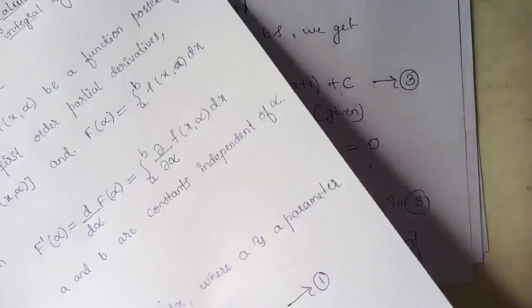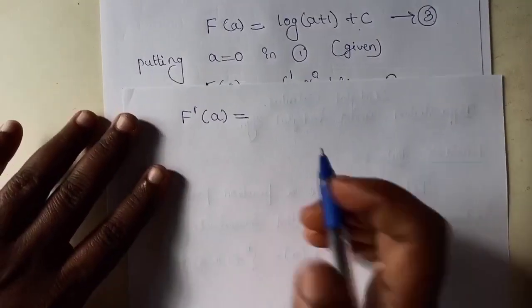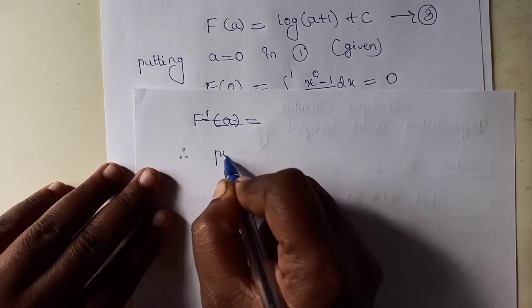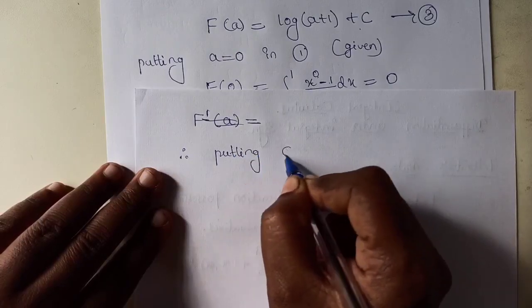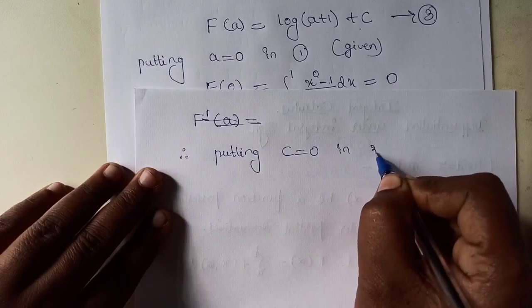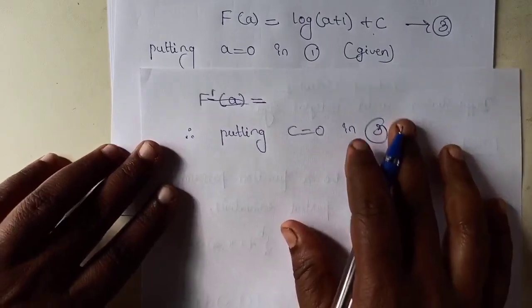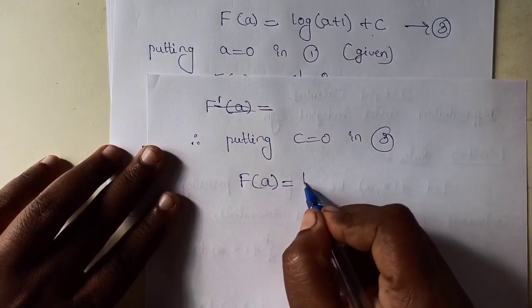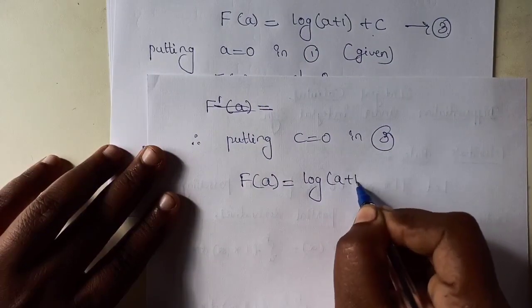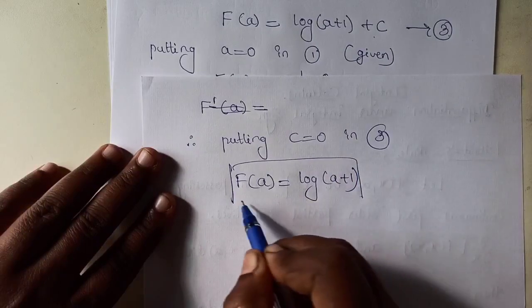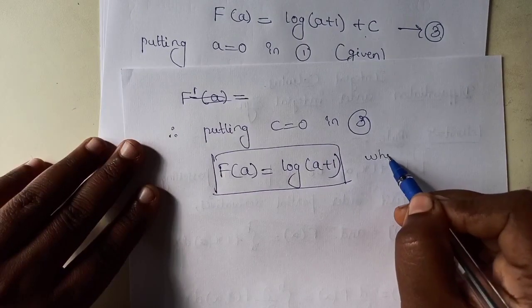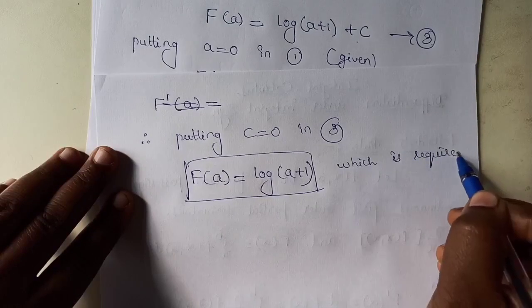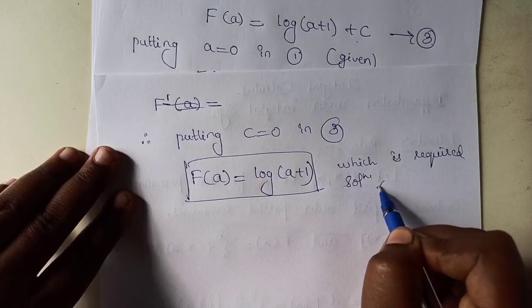So substituting c equals 0 in equation 3 we get the required result, that is f of a equals log of (a+1), which is the required solution.